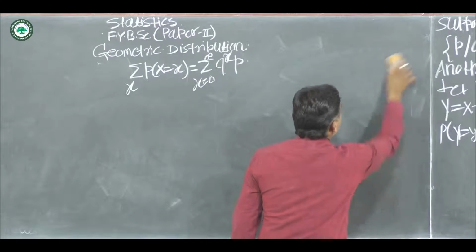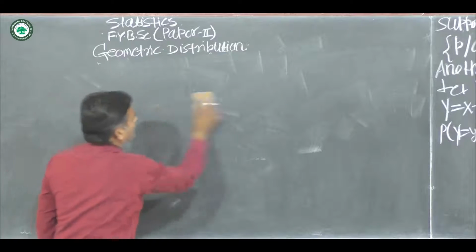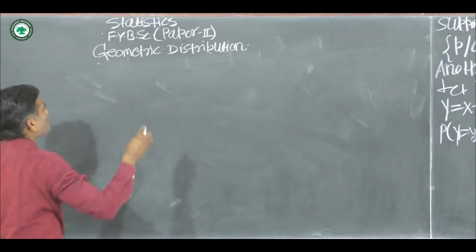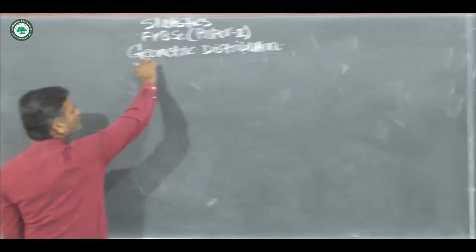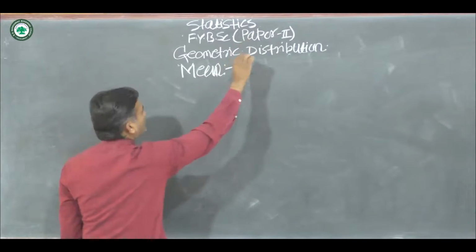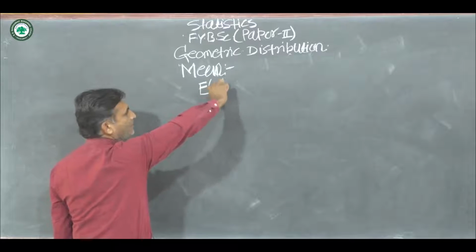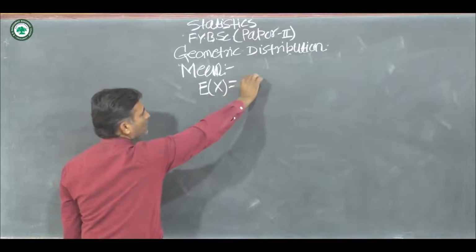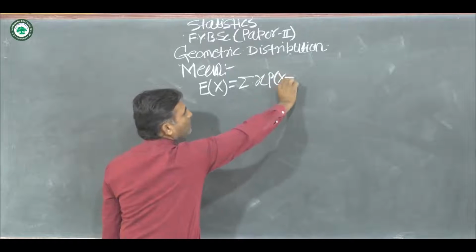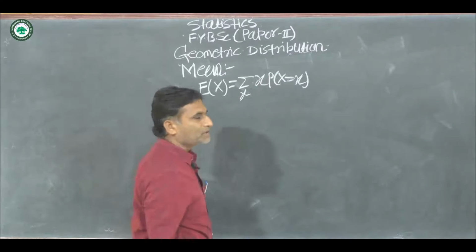Now we see the mean and variance of geometric distribution. First we derive the mean of geometric distribution. Mean, that is, the expected value of random variable x, is equal to summation of x into probability of x equal to small x, summation over x.